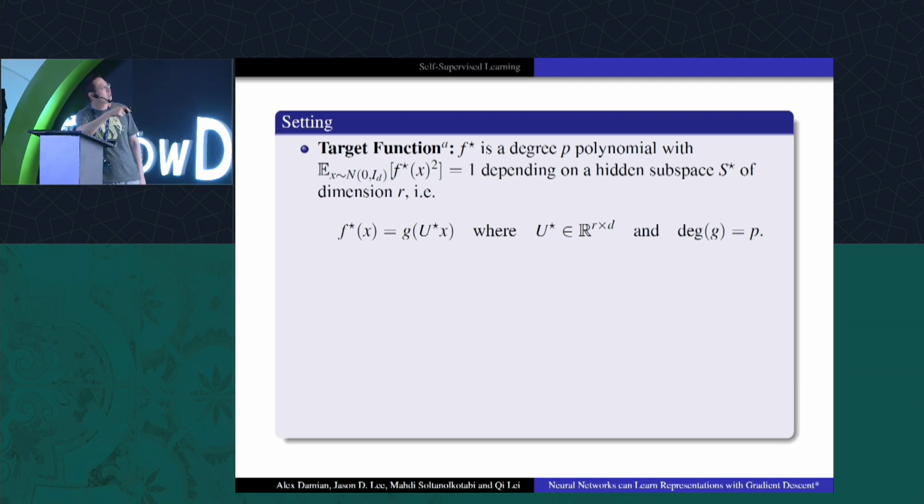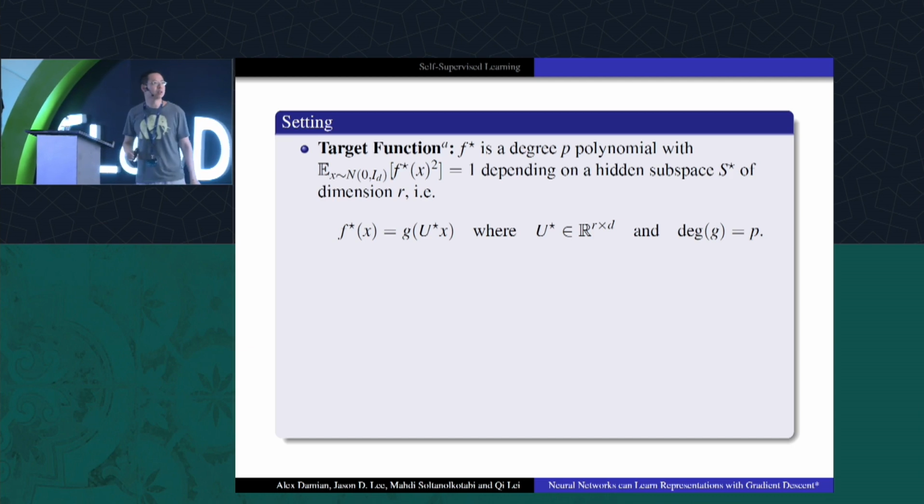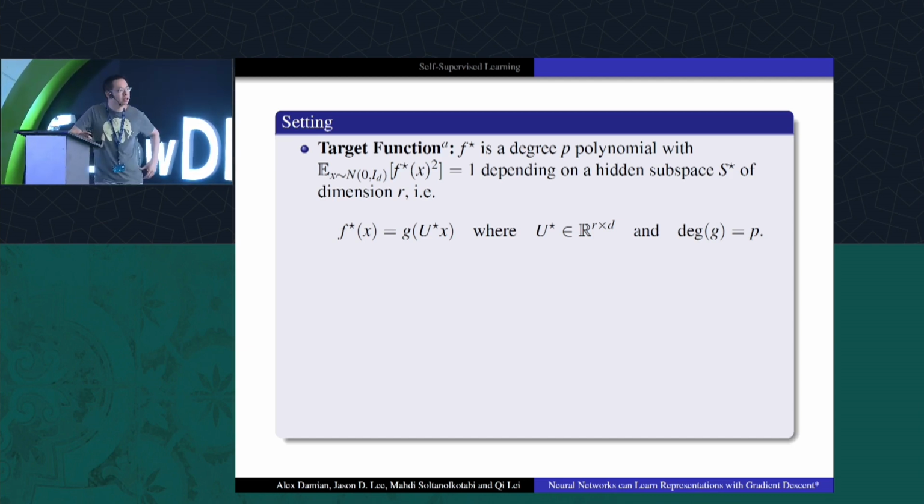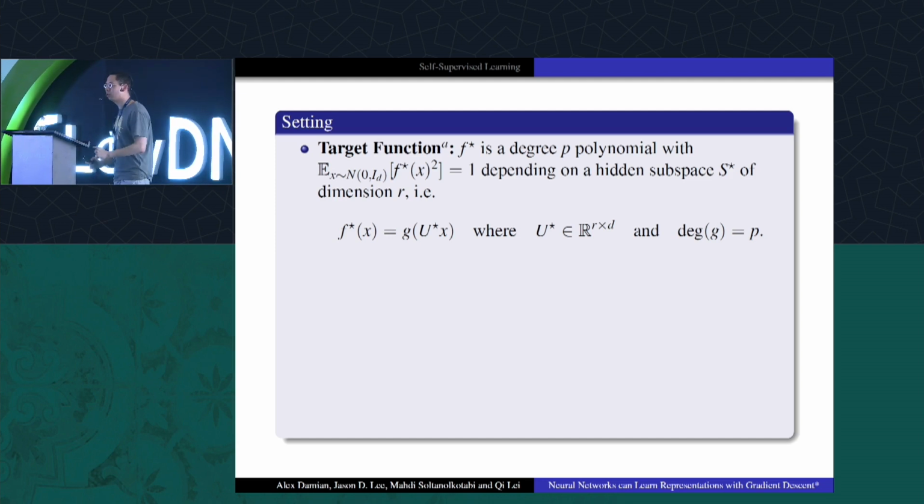The function is of the form g of U star x. So g is general. It's anything of degree p, and it's a polynomial, or it can be more general. It can be anything in a certain RKHS. But for now, let's say it's a polynomial, and you have this projector matrix that reduces from dimension d to r. So in the example I showed you, r was 1.